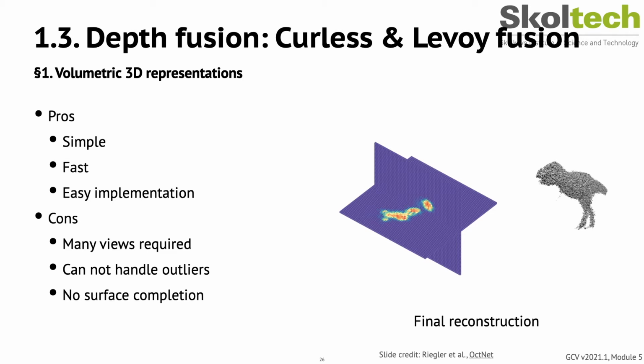And also, it doesn't have an explicit mechanism to handle outliers or severe noise. So basically it tries to fuse the noise into the model, which is also suboptimal, and it also doesn't have surface completion.